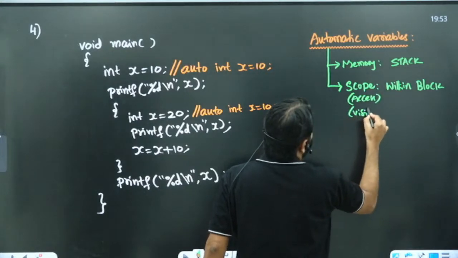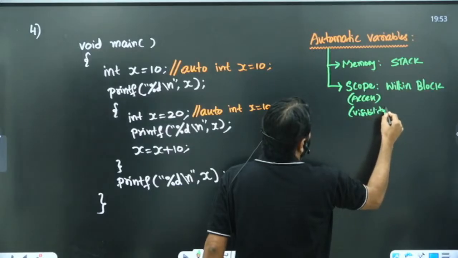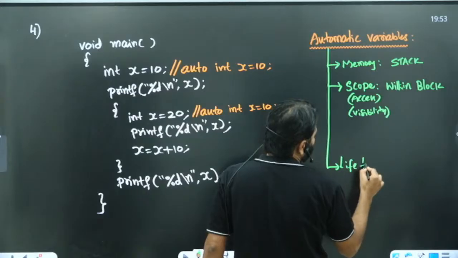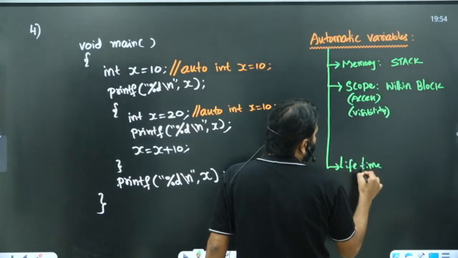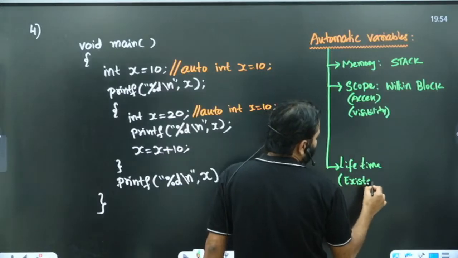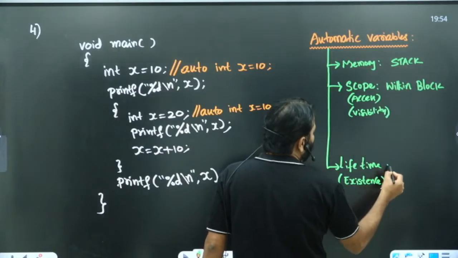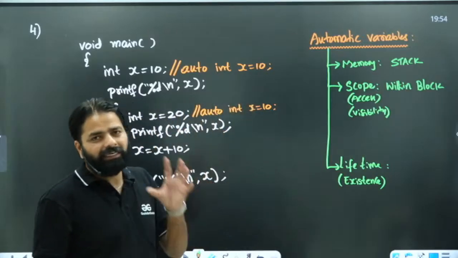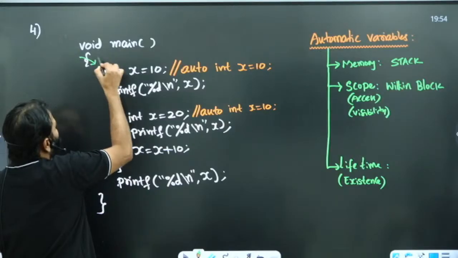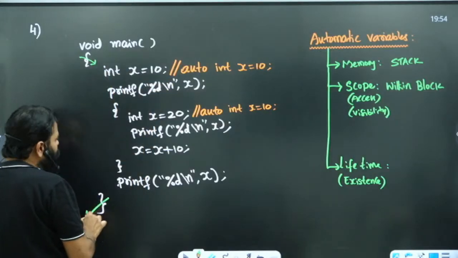Correct? And there is also lifetime. Scope means accessibility, visibility: how long can you access it? Lifetime means existence in the memory, in your RAM, main memory. How long does that memory exist in a system? When you enter this block, it is created. When you go out, it will be deleted.